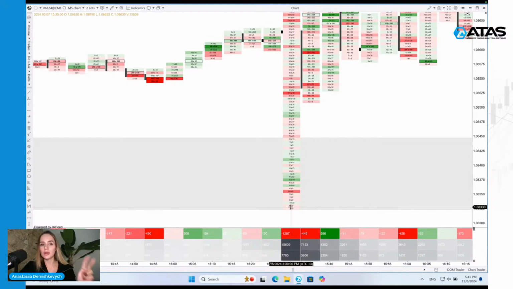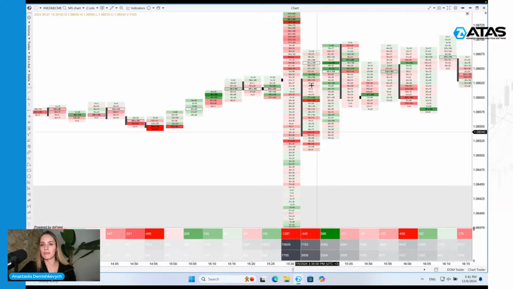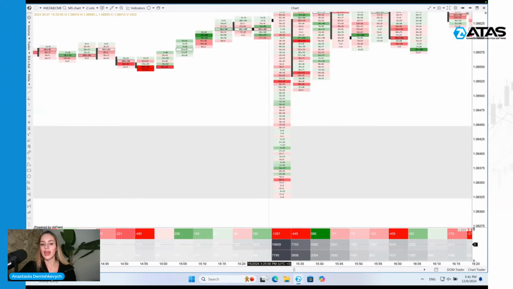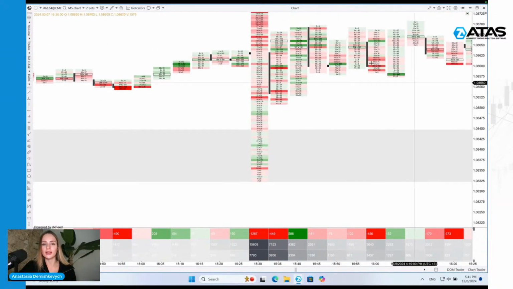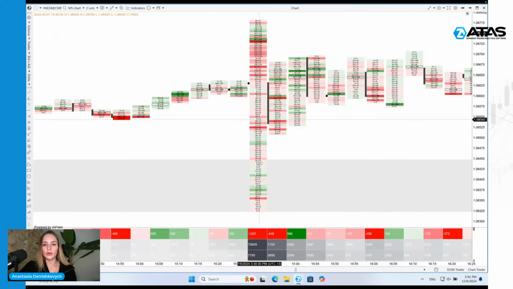At the same time, the confirmation number 2, we had increased volume in this specific candle, not the tail necessarily, but the candle itself, and the amount of trades. Besides this, what else I can see is that in this specific candle, there was a disbalance into the negative deltas. So the majority of the footprint is red. You can see the red on top. You can also see the red levels on the bottom.